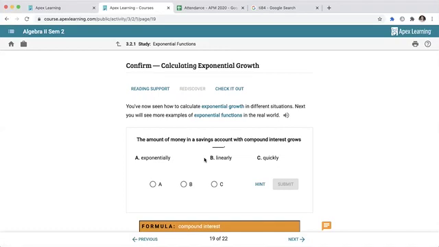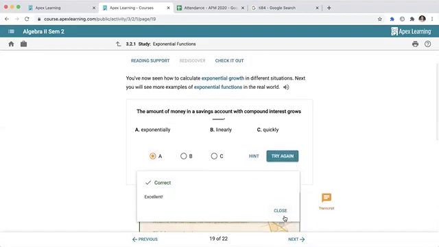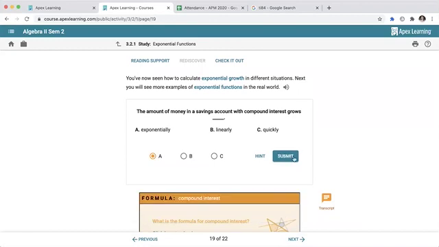And to finish this one out, the amount of money in a savings account with compound interest grows exponentially. It may take some time, but you're going to find that with compound interest, it's more beneficial for you if it can add more money to your bank account.